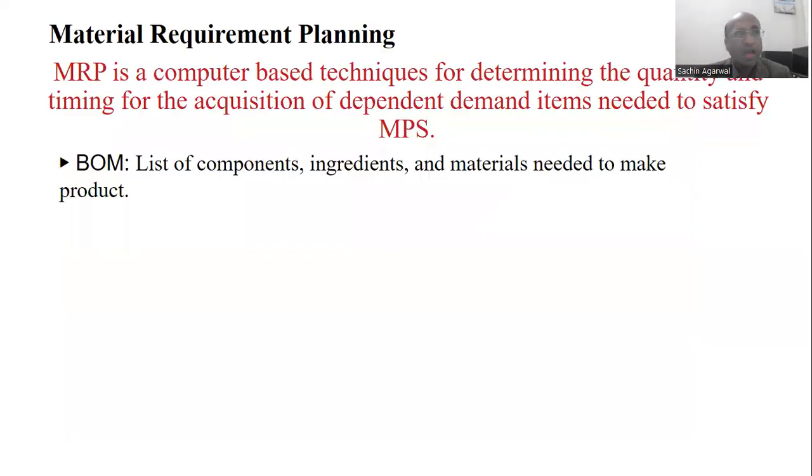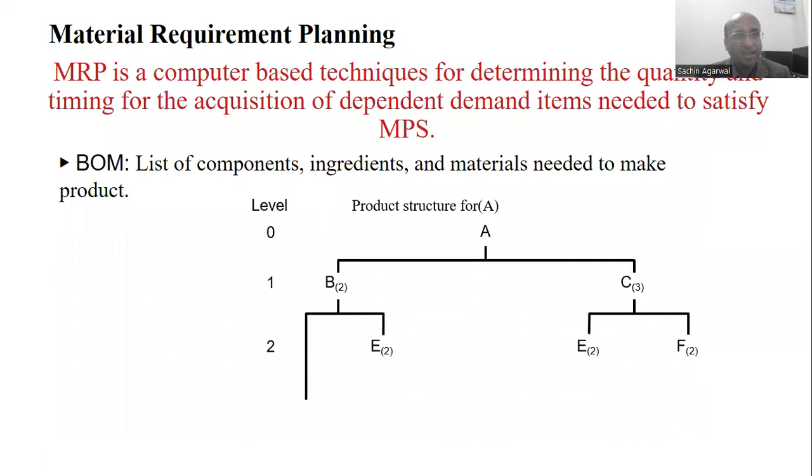After this, there is material requirement planning. Material requirement planning is a computer-based technique for determining the quantity and timing for the acquisition of the dependent demand items needed to satisfy the MPS, that is, the master production schedule. Now this is the bill of material, in which at different levels, we see which type of component is required.